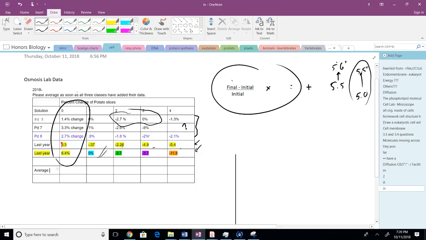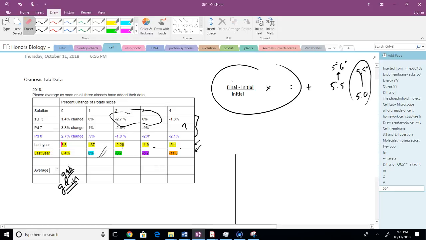That means that in the 0% at least, our potatoes gained mass. Now, where is that mass coming from? Water. Water entered the potato cell.